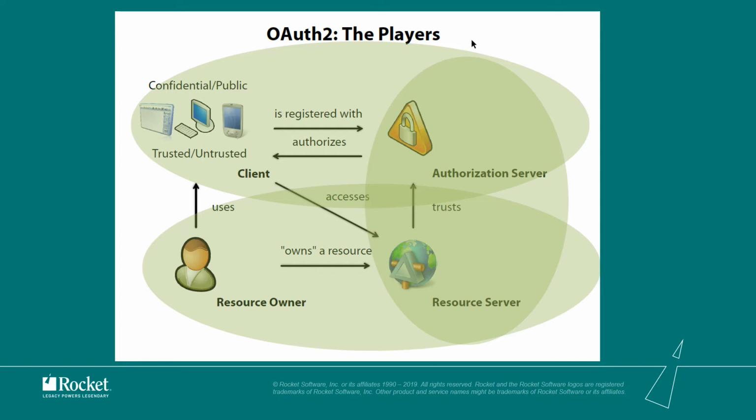Now, in the case of OAuth, the trusted client or an untrusted client, in the sense the web application, registers with the authorization server and says, hey, I am registering with you, and the authorization server gives a confirmation that, okay, you're registered, this is the token, this is the client ID under which you are registered.